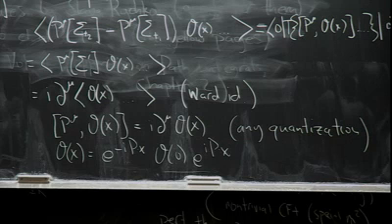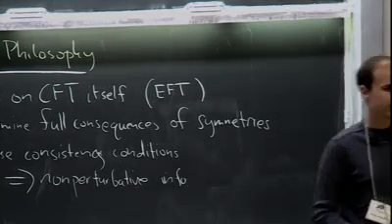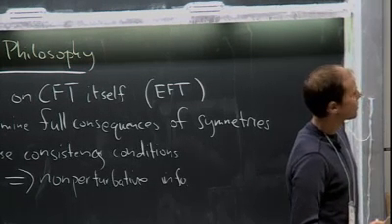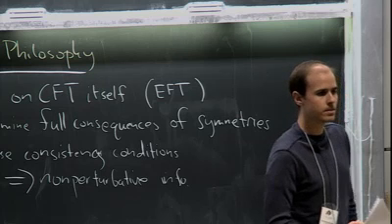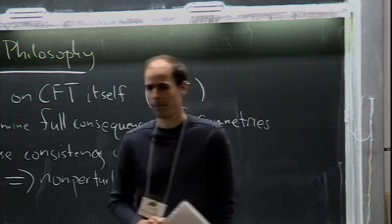Good question. So one way to derive this Ward identity is by demanding diffeomorphism invariance of the theory. And if there's an anomaly, the Ward identity will be modified, and you have to keep track of that. Other questions?